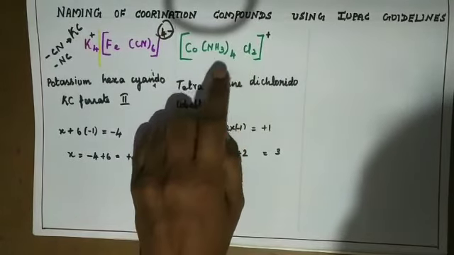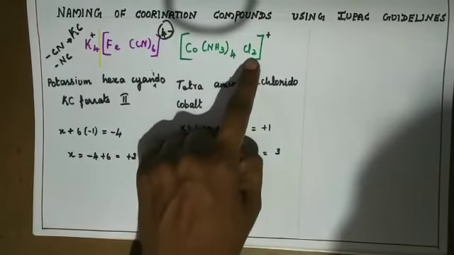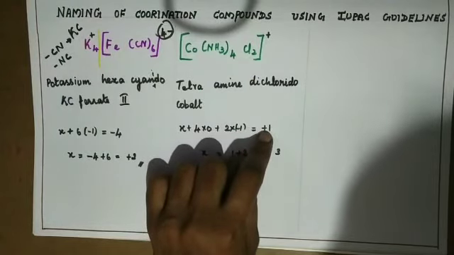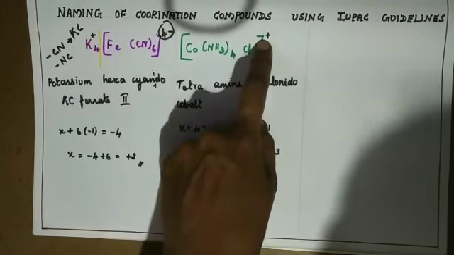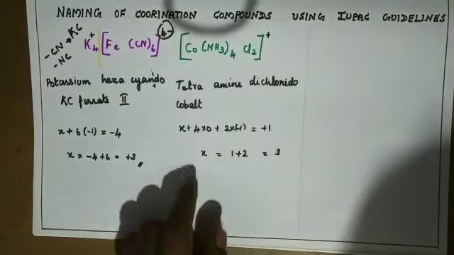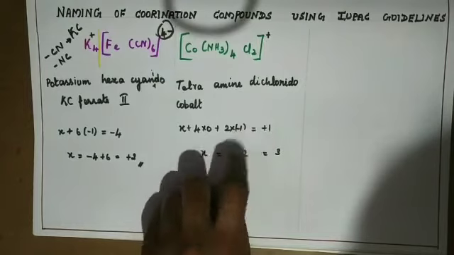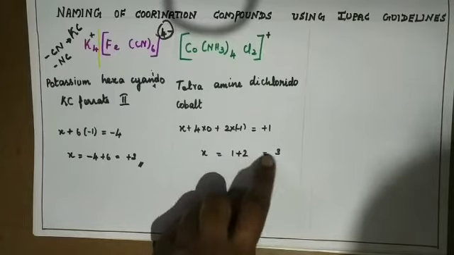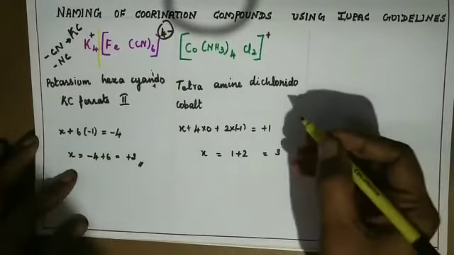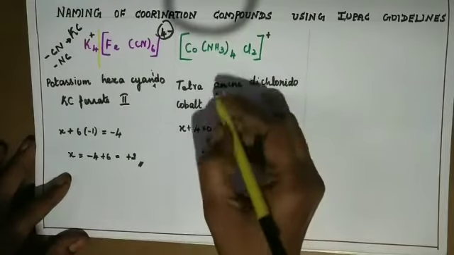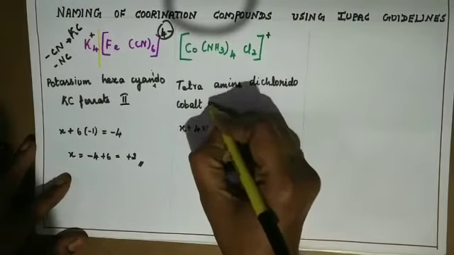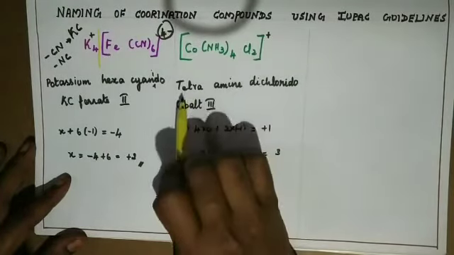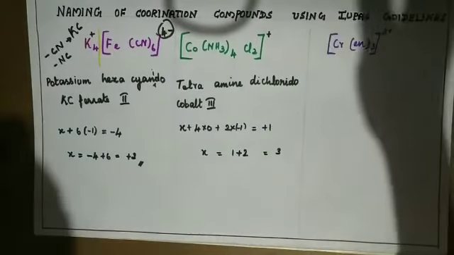Cl is a negative ligand, -1, and there are 2, so 2 into -1 equals -2. The charge on the cationic complex is +1, therefore x minus 2 equals +1, so x is equal to 3. The oxidation number of cobalt is 3. So [Co(NH3)4Cl2]+ is tetraamminedichloridocobalt(III).